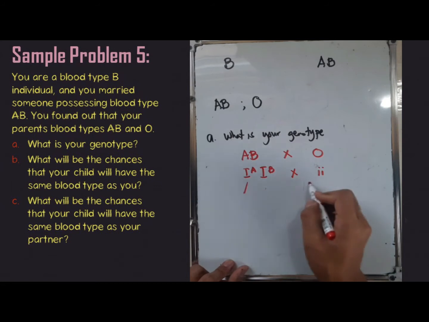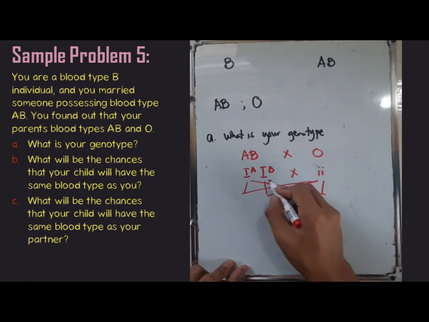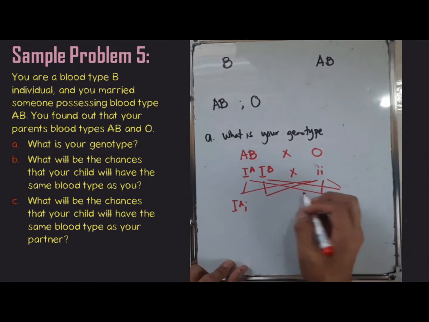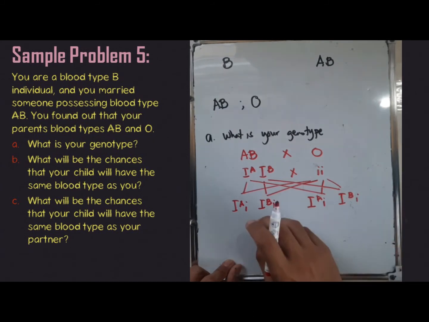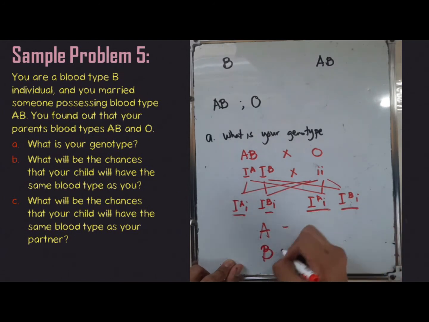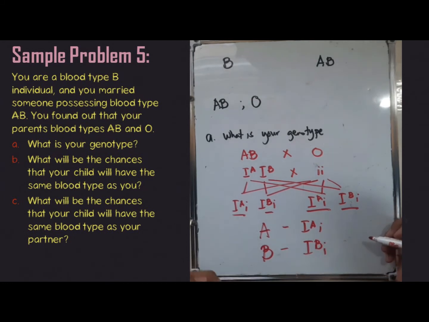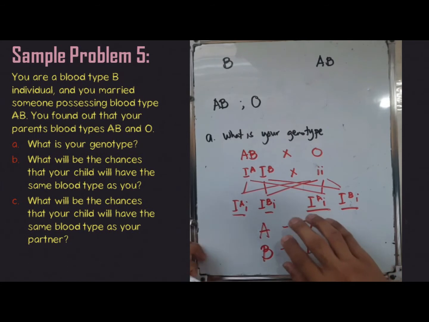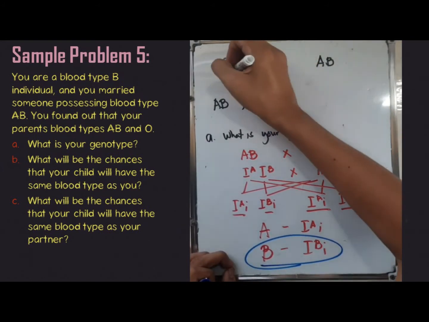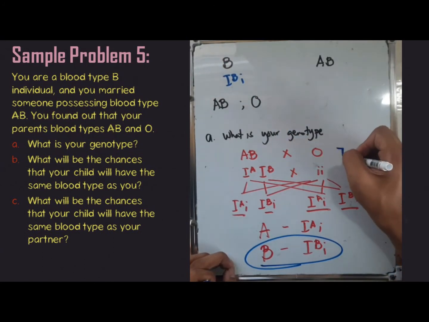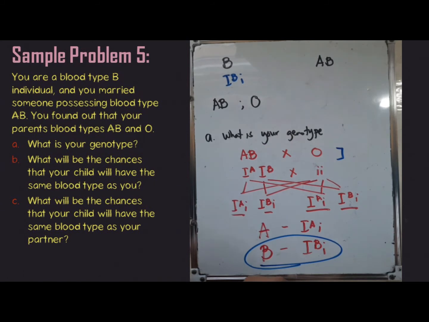Then, if you do a test cross using the FOIL method, we arrive at heterozygous dominant A, heterozygous dominant B, heterozygous dominant A, and heterozygous dominant B. So basically, your parents could only have offspring with blood type A or blood type B, which have the genotypes of heterozygous dominant A and heterozygous dominant B. With this information, we can determine that your blood type has the genotype of heterozygous dominant B, since this is once again based on the different traits present in your parents.